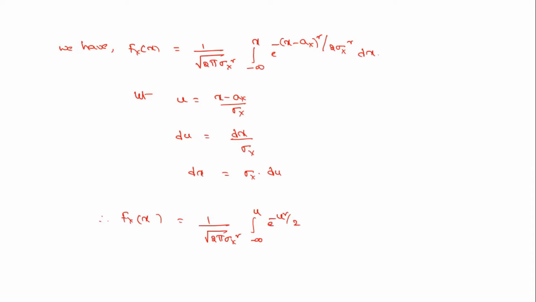So now I am taking that simple modification. So then it is going to be e power minus u square by 2 into dx replaced by sigma x du. So now 1 by root 2 pi sigma x square, root of sigma x square becomes sigma x only, integral minus infinity to u e to the power of minus u square by 2 du, and sigma gets cancelled.